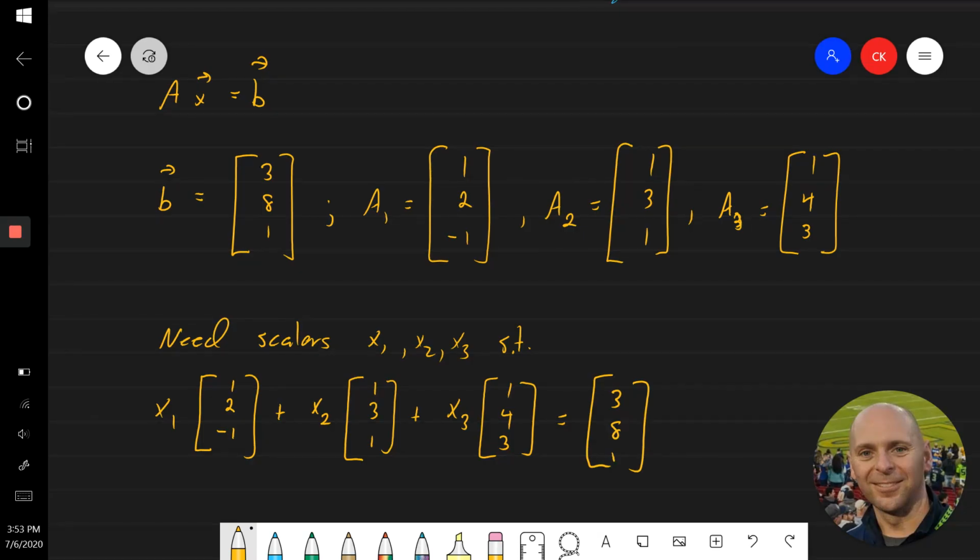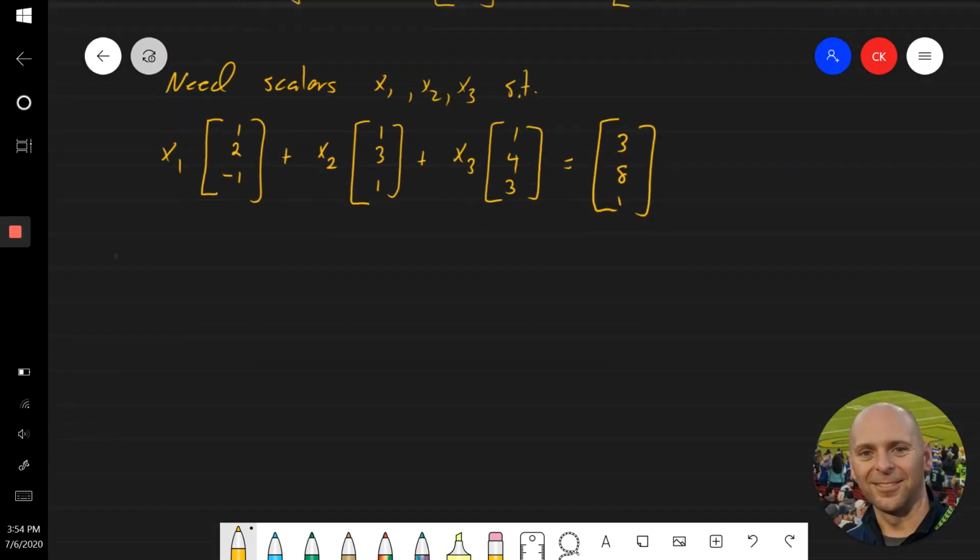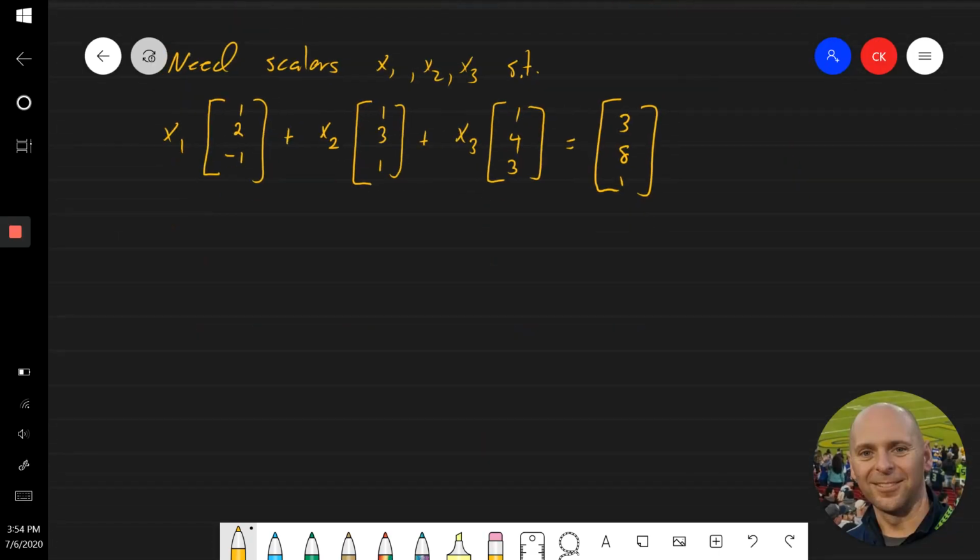If it's going to be a solution to the system, it has to fit this particular kind of expression. So again, the question is, which constants do I have here? I need to find numbers that I can plug in such that when we multiply these up, it adds up to 3, 8, 1. That's the goal: to write that vector as a linear combination of these three given vectors.